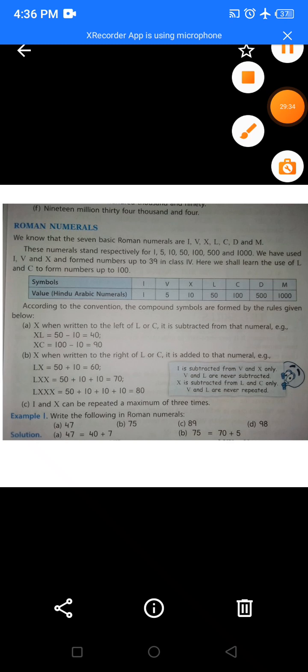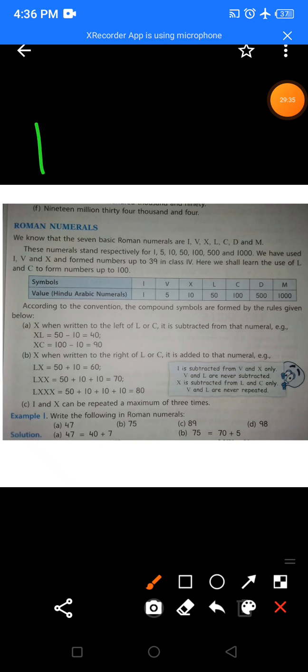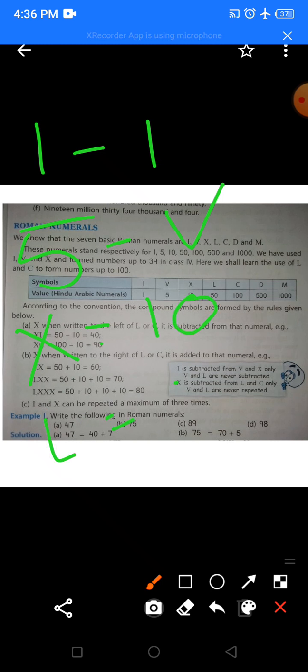How do you write it? 1 is written as I. Then 5 is written as V. Then these are the basic ones. 10 is written as X. Then you have 50, written as L. These are 4 and then there are remaining 3, that is 100, 500 and 1000.